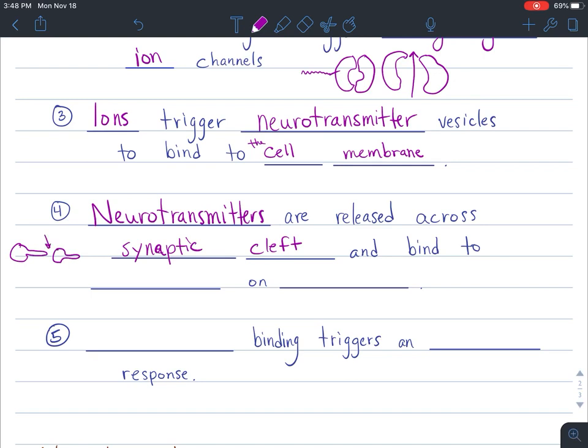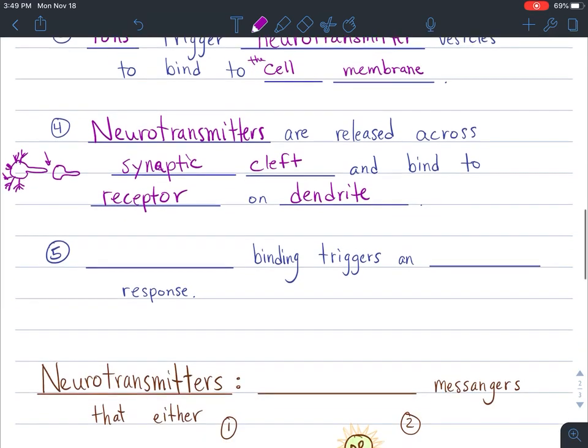So those neurotransmitters, or our chemical messengers, are released across the synaptic cleft, and they bind to receptors, because those are going to receive that chemical signal on the dendrite. Remember, the dendrite is this part down here that has the little projections on it that are going to receive neurotransmitters, and then it travels down to the next neuron.